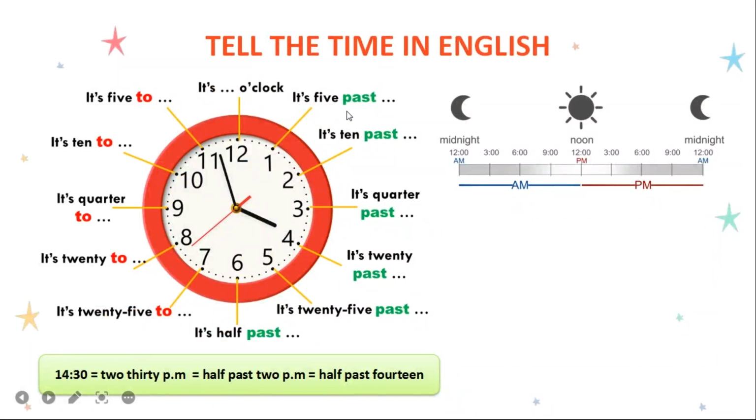Okay, so there are different ways to tell time in English. Just like this one, we have here AM. When you say AM, that is during the day or morning. Okay, morning. Then when you say PM, what is PM, Kim?